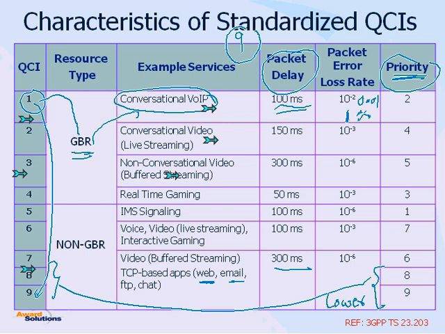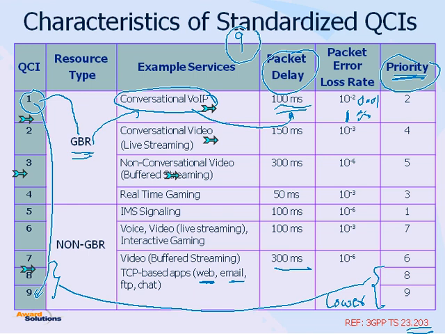Even with 300 milliseconds delay, we have no problem. As long as we can download the web page reasonably fast, we do not worry too much. We do not complain about that. But for voice, yes, we have to have tight control over the quality of service. So these are examples of the QCIs that are defined in the standard. This is from the standard. If you want more information, here is the document for you.